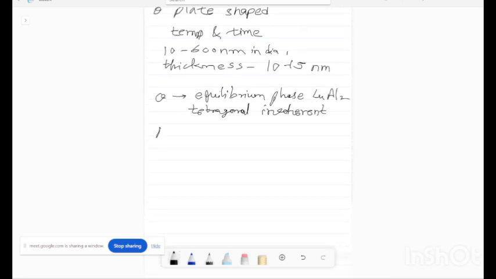So as we see in the aluminium alloy 2024, which has the composition of aluminium, 4.4 copper, 1.5 magnesium, and 0.8 manganese.